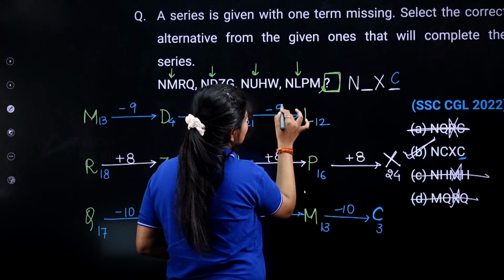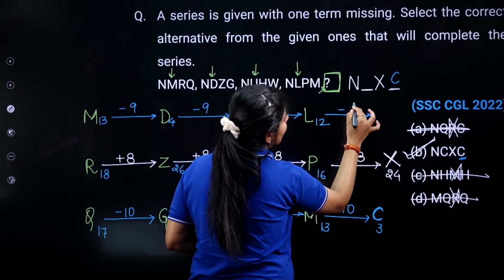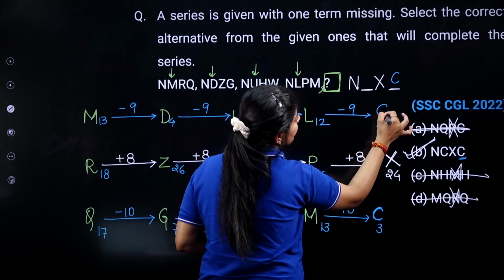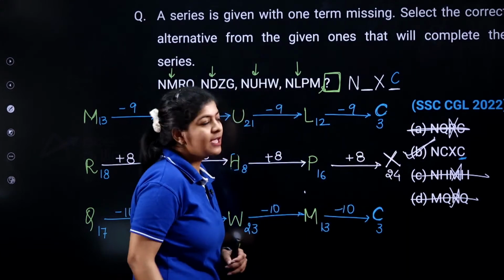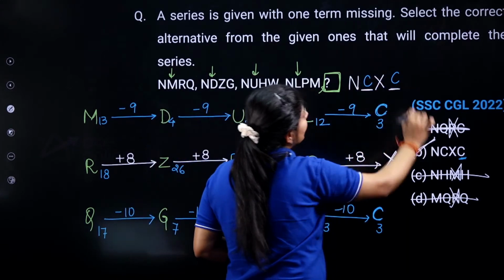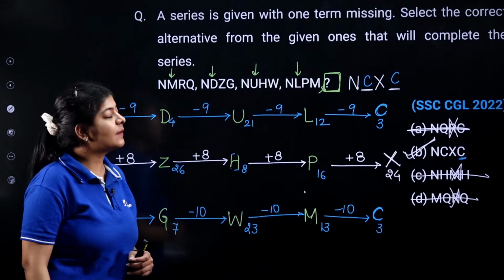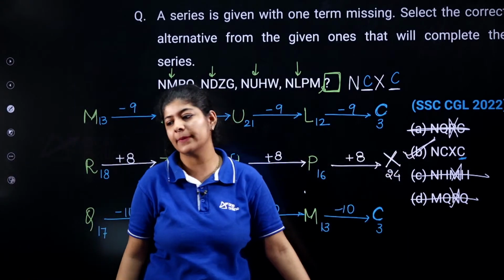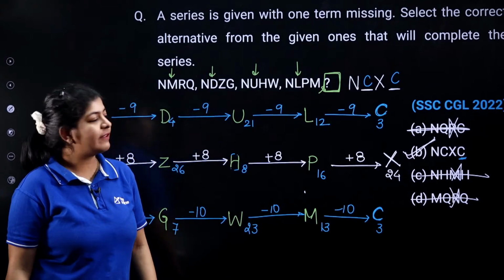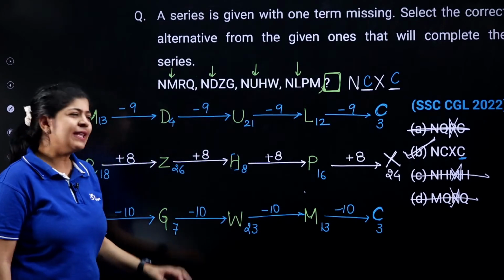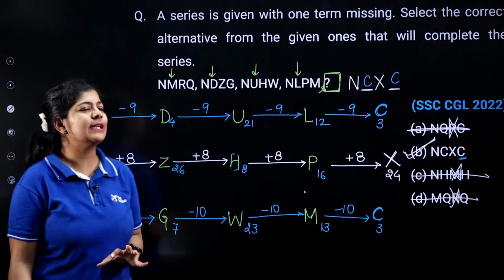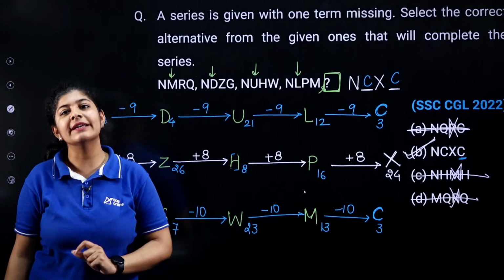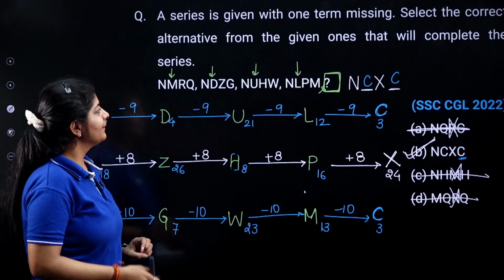Again minus 9. 12 minus 9, we are getting 3 and 3 is again associated with C. So the cluster we are getting is NCXC, which is given in our option number C. So with the help of one element also we can easily determine the correct answer. Is it clear? Next one.